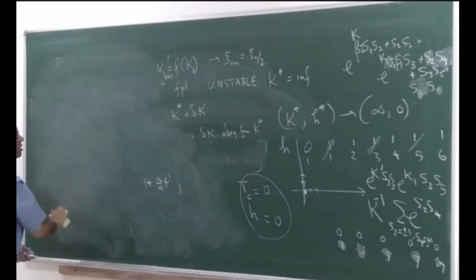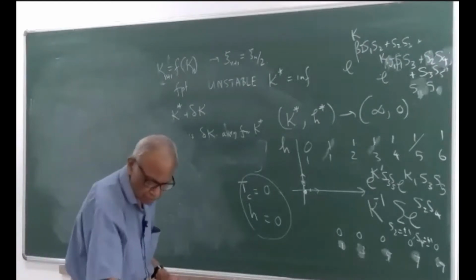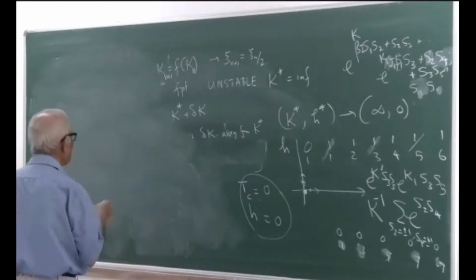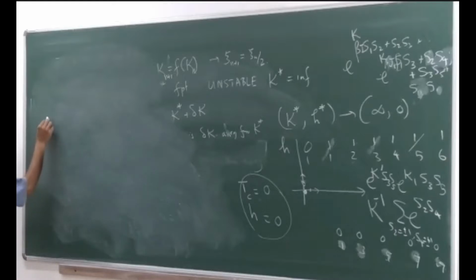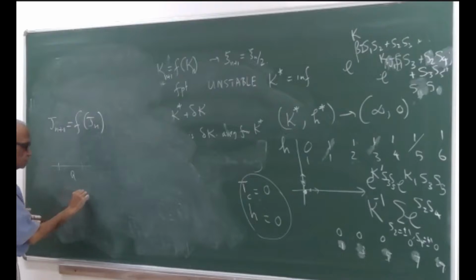This is why critical phenomena was very important for everybody. What we said was that J_{n+1} is f of J_n. That is, the J changes with each iteration. What is meant by iteration? You are taking a lattice where the lattice spacing is A and changing it to a lattice spacing which is 2A.